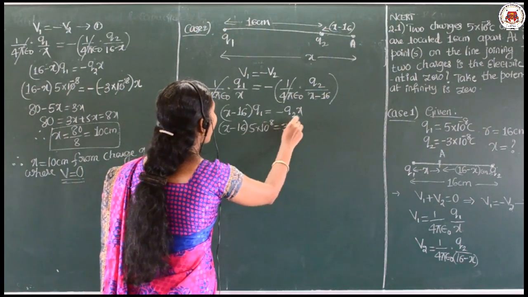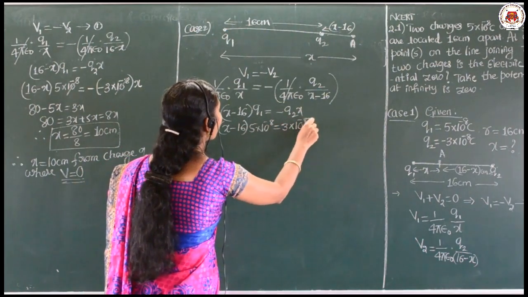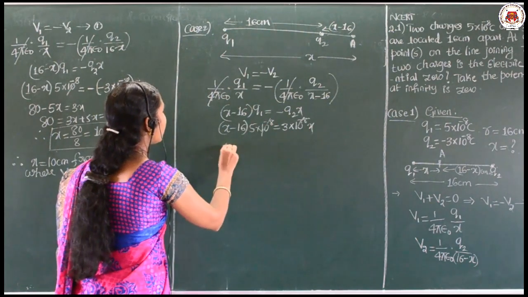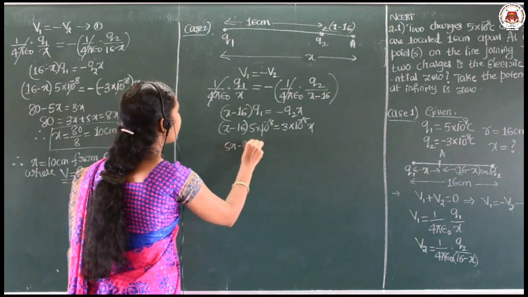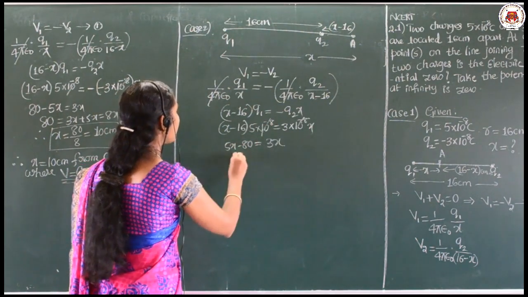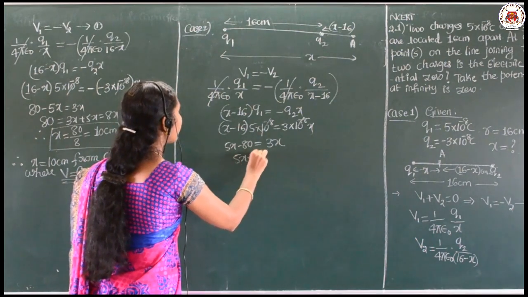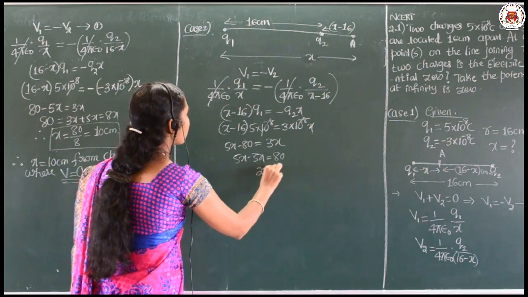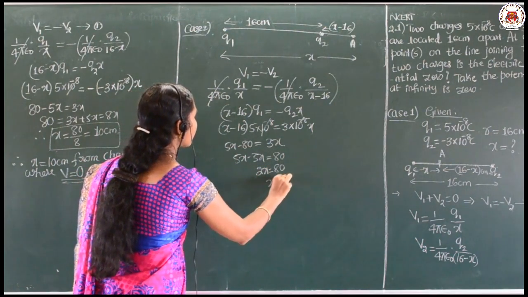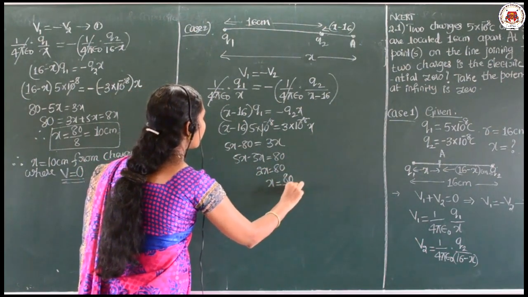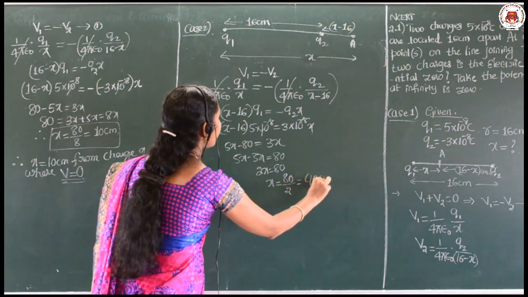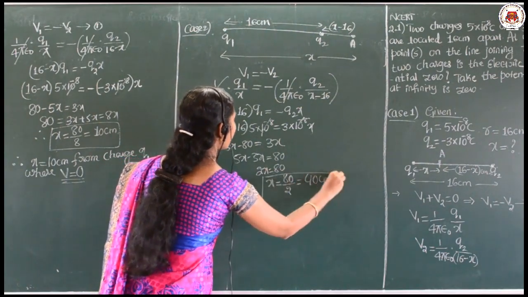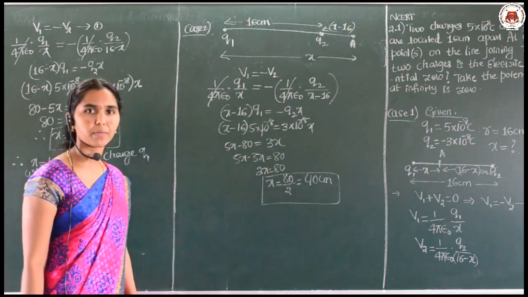We have 5x minus 80 is equal to 3x, 5x minus 3x is equal to 80, then 2x is equal to 80, x is equal to 40 centimeter, right.